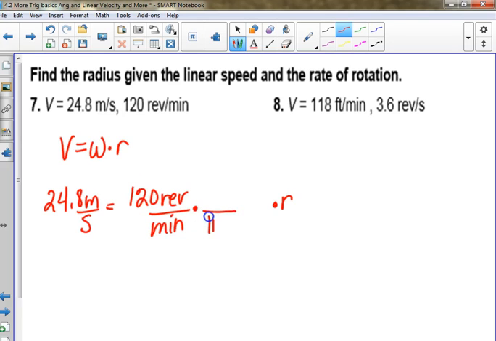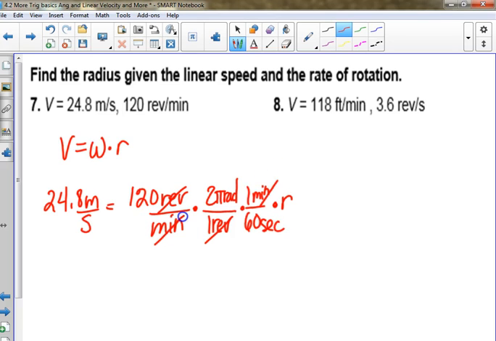Change it to radians. 1 revolution is 2 pi radians. What else do we need though? We got minutes and seconds here. I'm thinking we need to go to seconds because we want to divide this out eventually. Minutes is in the denominator, so 1 minute is 60 seconds.